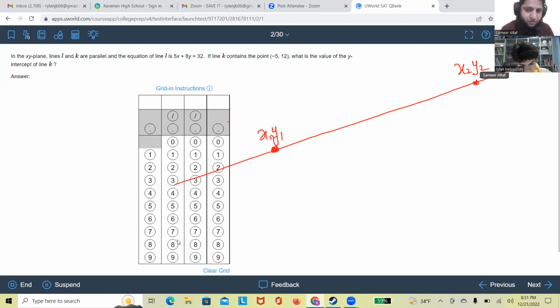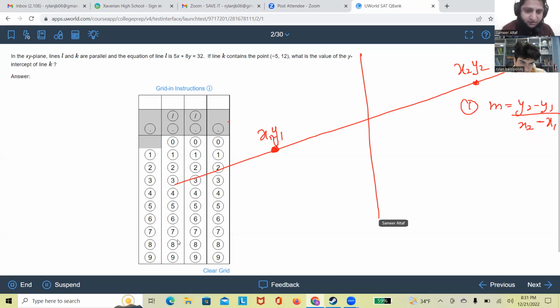So first of all, you calculated the slope, m equals y2 minus y1 divided by x2 minus x1. And then you analyzed what will be the y-intercept. For example, this is the y-intercept, this is b here. And you know that in case of the y-intercept, don't you have the x value 0?